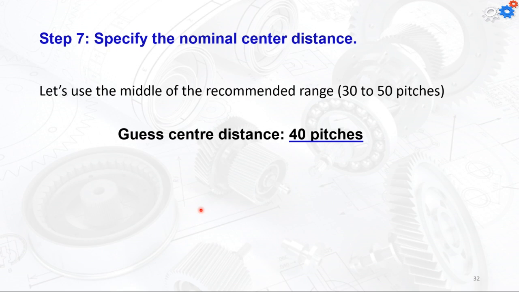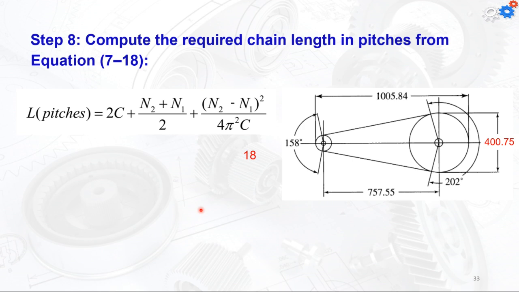Now with this C value, we're going to design for the length of the chain in pitches. Okay. So that's equation 718. We have 2 multiplied by the selected C value, plus the number of the teeth for the larger one plus the number of the teeth for the smaller one, divided by 2, plus the number of the teeth for the larger one minus the number of the teeth for the smaller one, squared, divided by 4 pi squared C. So we're going to put the parameters in.